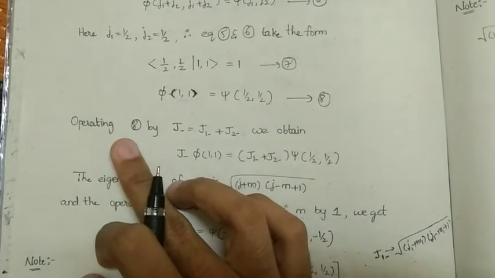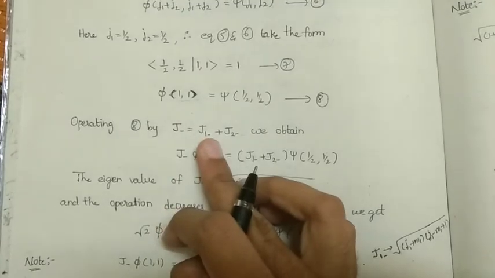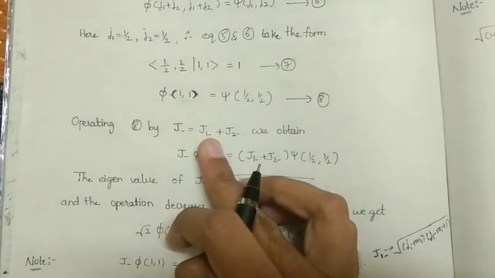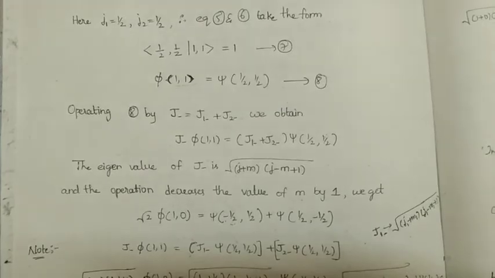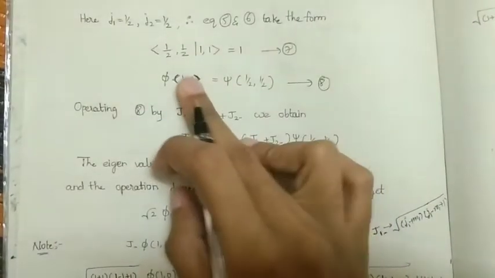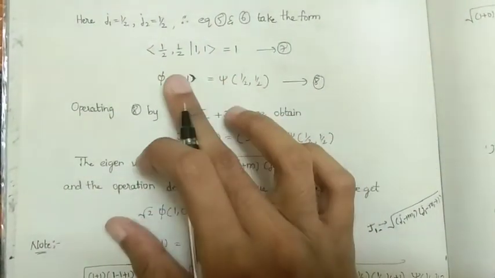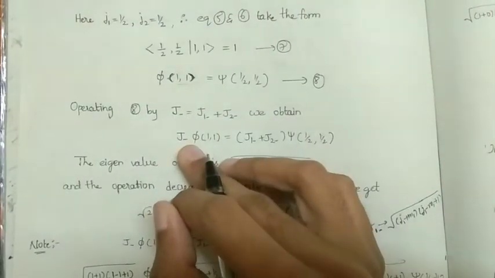Operating equation 8 by j minus, that is j1 minus plus j2 minus, we obtain the following. Just as before we operated with jz, which equals j1z plus j2z, here we are operating both sides of this equation with j minus.